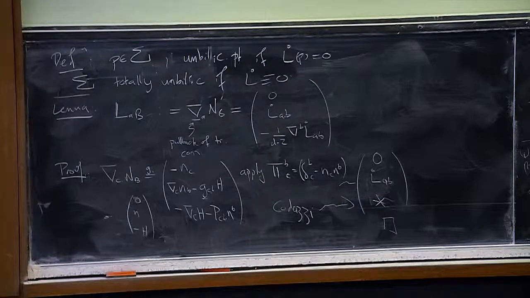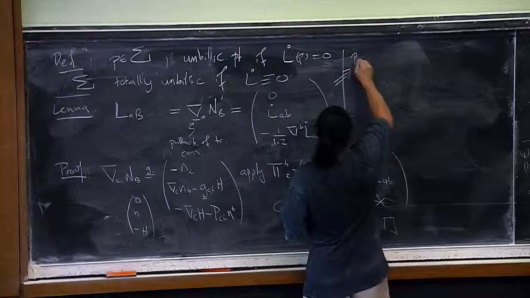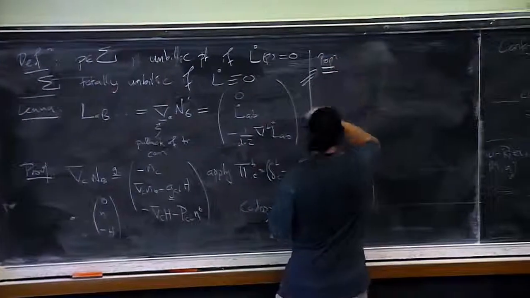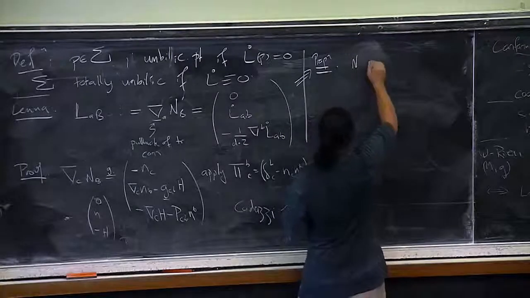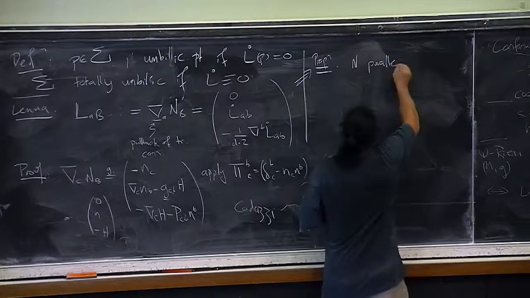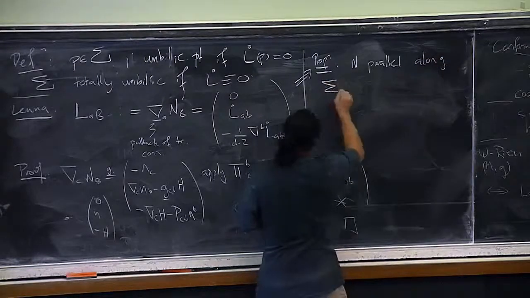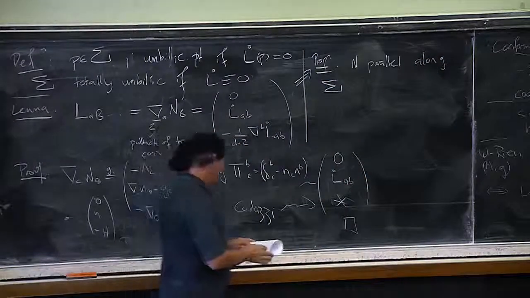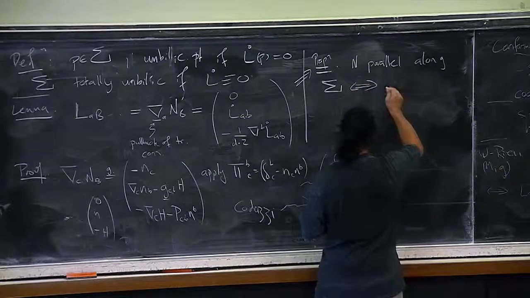Okay, but a consequence of this is that the normal tractor n being parallel along this hypersurface is equivalent to the hypersurface being totally umbilic.